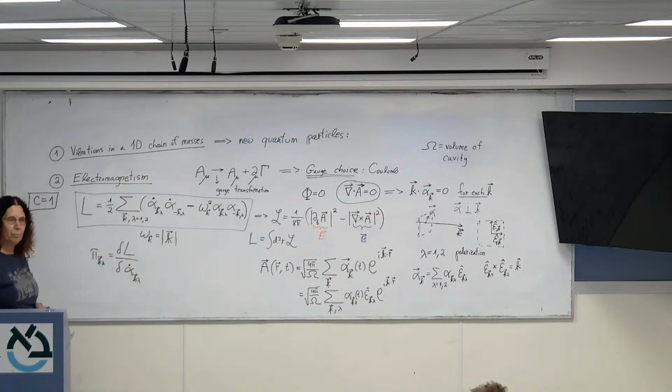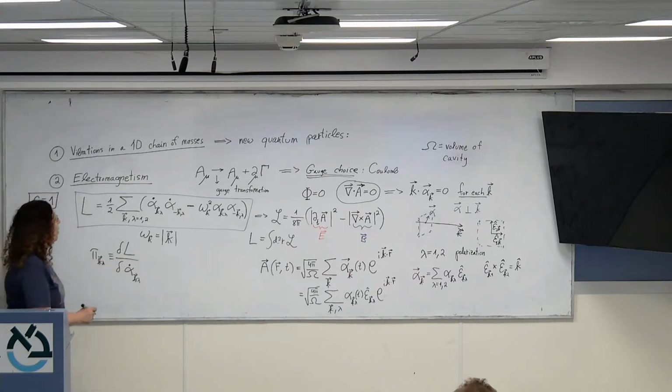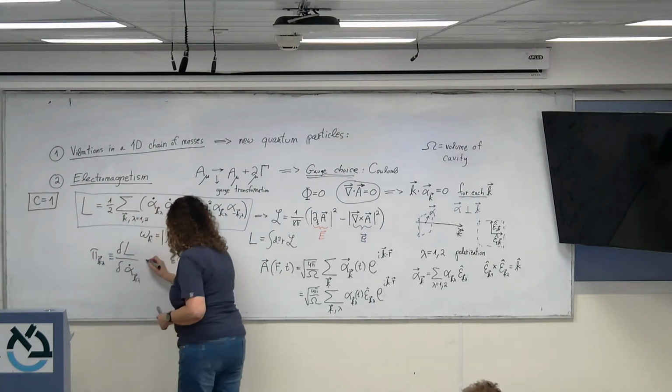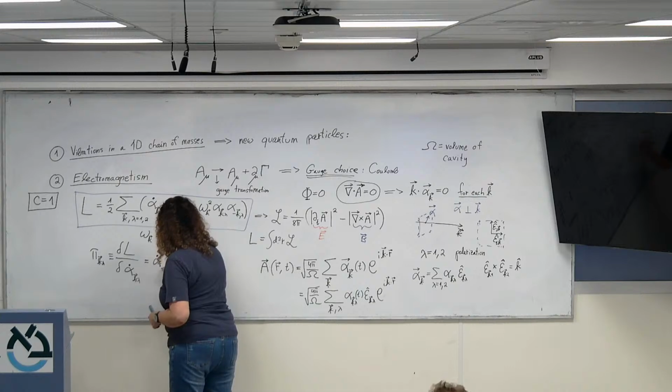This is just a definition, but we see exactly what it is because it just gives you alpha of minus k.